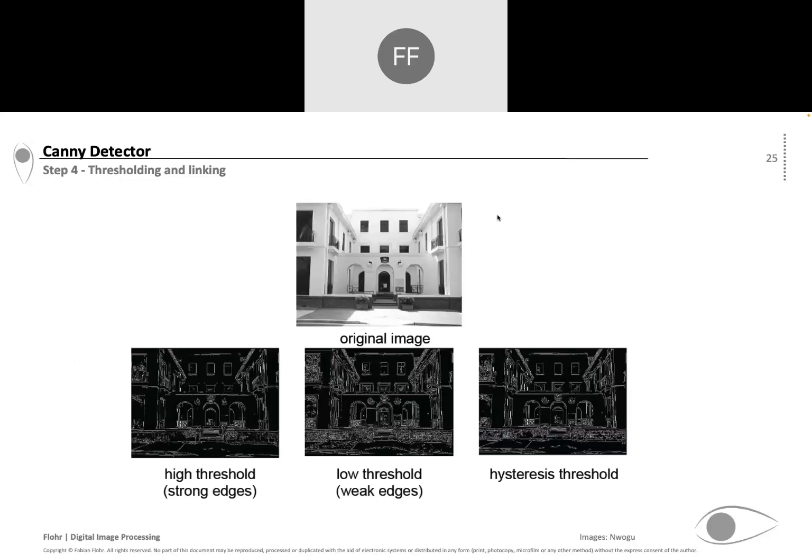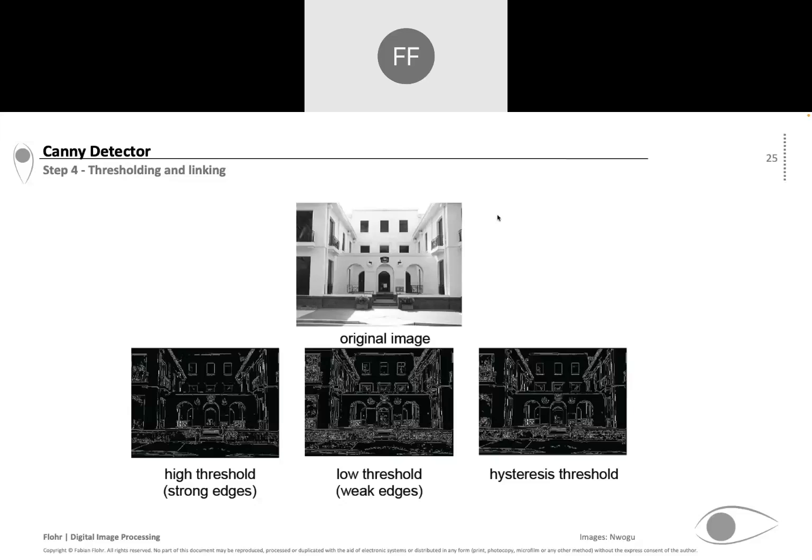Here you see the result basically. So you have once visualized the high threshold, the strong edges, and once visualized the low threshold, the weak edges. So you see quite a lot, and there is also some noise in there which you don't want to have. And now you do this thresholding and linking, and you see, for example, here in this shadow part where you have some weak edges available, those are removed because there's no strong edge found in the neighborhood in these parts.